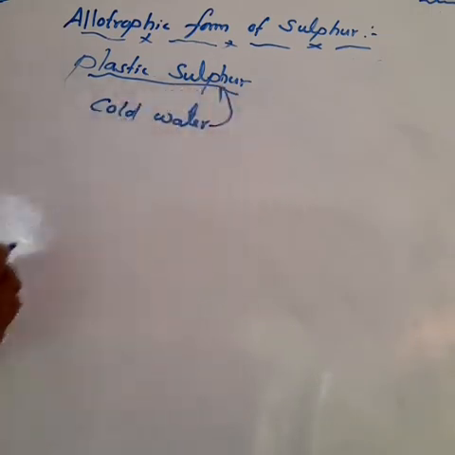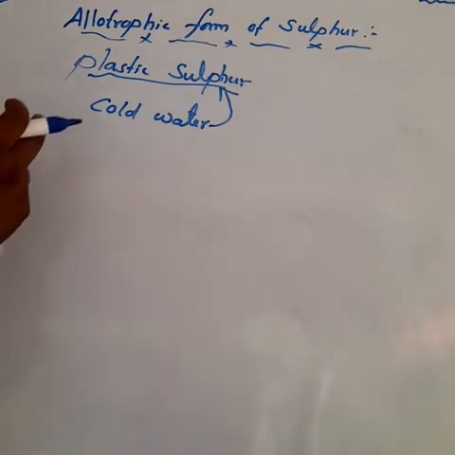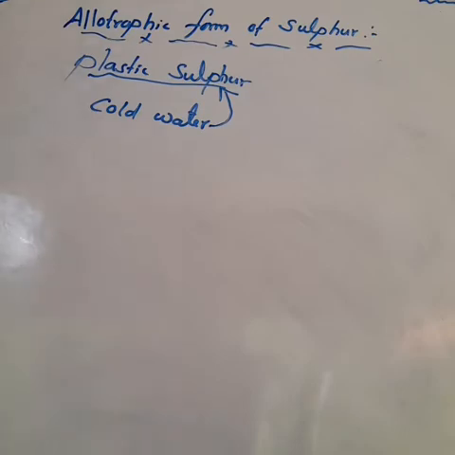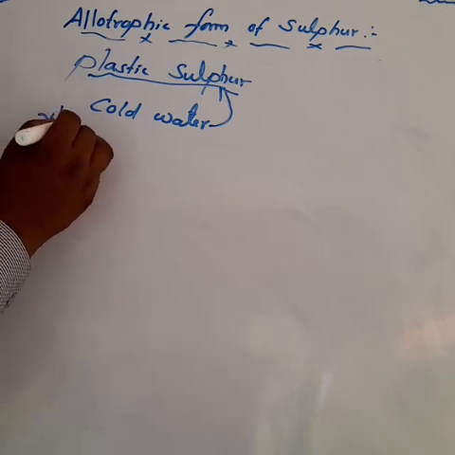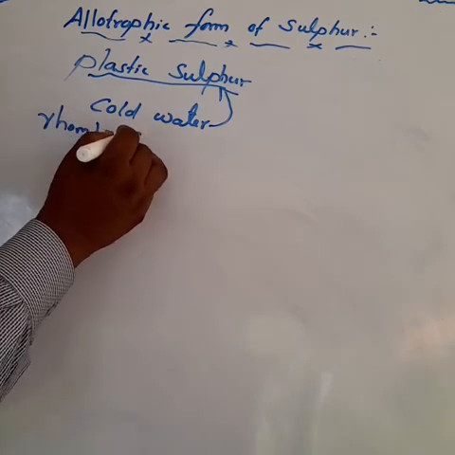We get a ribbon-like structure, which we call plastic sulfur. On slowly cooling again and again, it becomes hard and changes to stable rhombic sulfur.